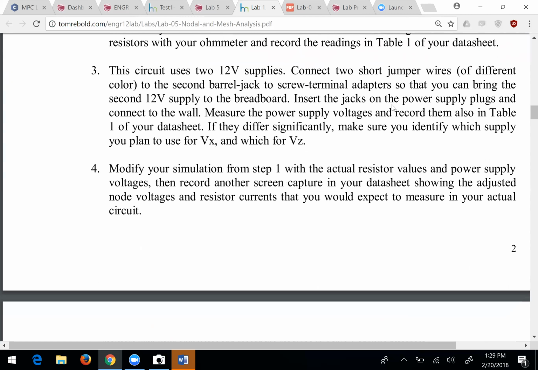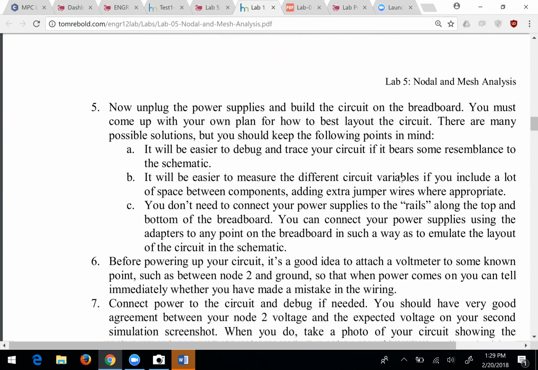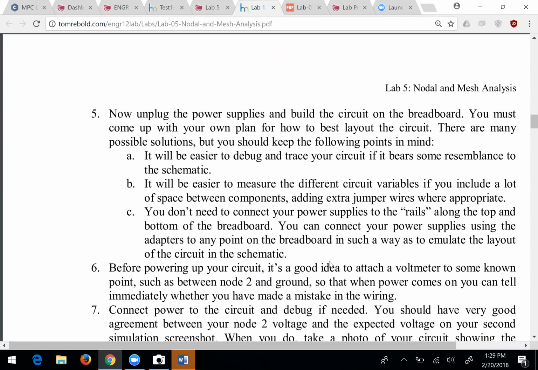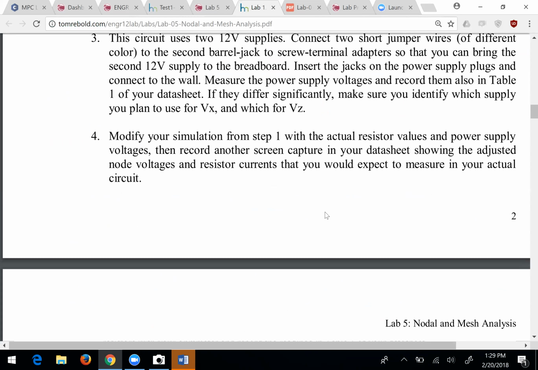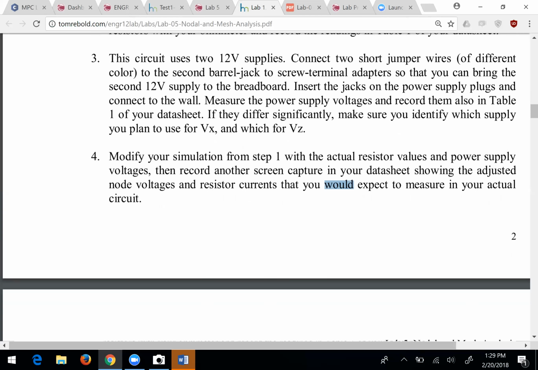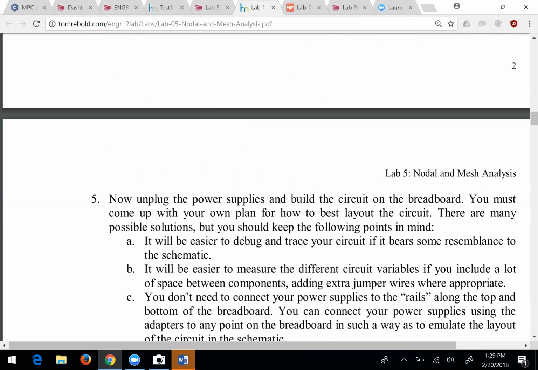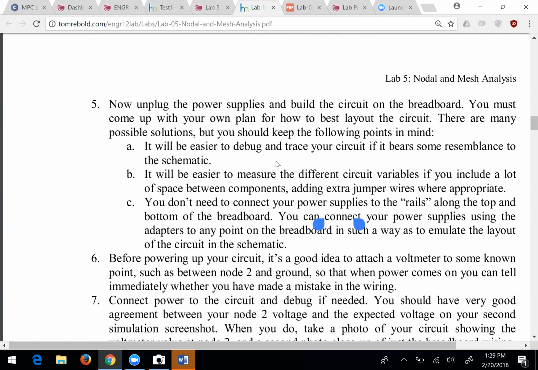And then you'll be doing some measurements, going to record those voltages, and it's asking you to build the circuit on the breadboard.